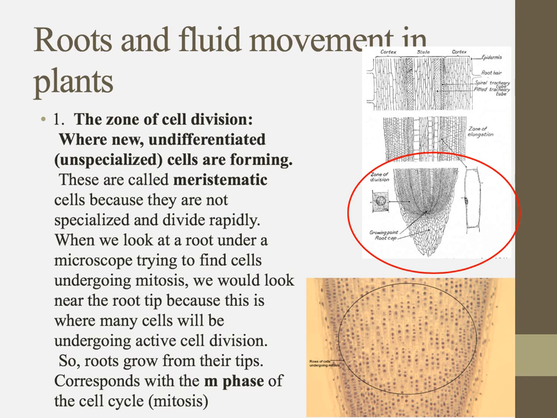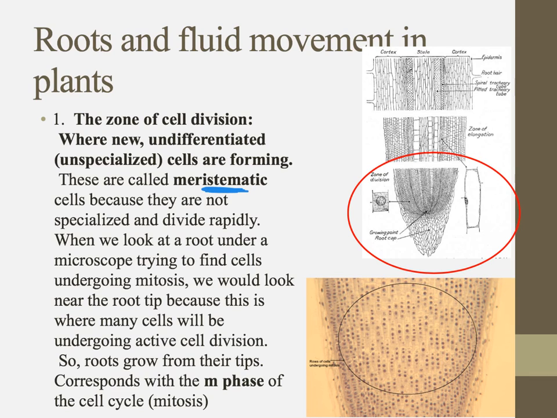So the zone of cell division is where we're going to find a lot of cells that are actively undergoing mitosis. We like it when they sound like what's actually happening. They're called meristematic cells because they're not specialized and they're dividing rapidly. So just like stem cells in a human embryo that are dividing rapidly and don't have a specialization yet, these meristematic cells are undifferentiated. They're dividing really rapidly.